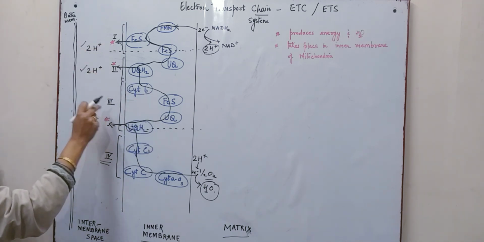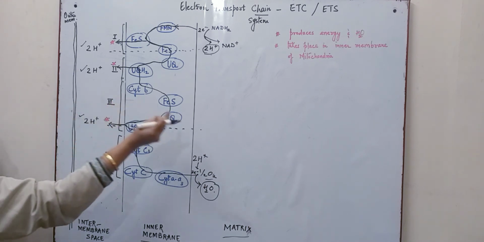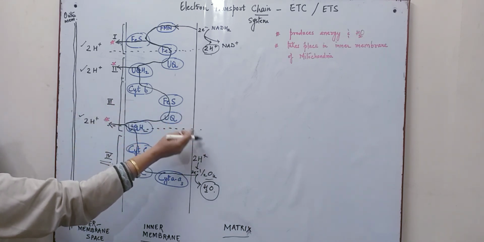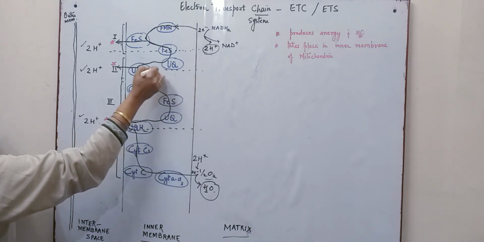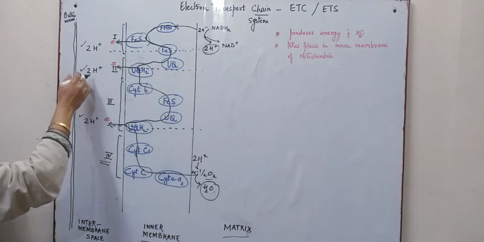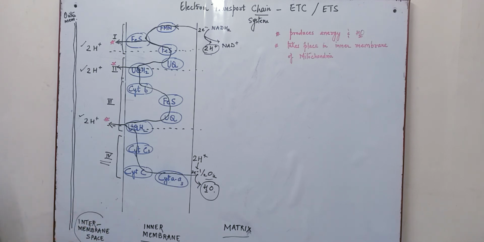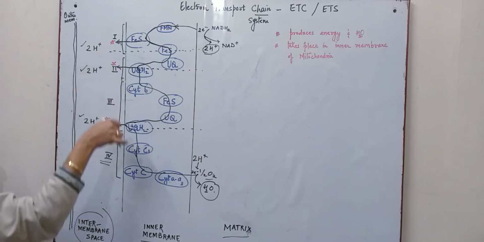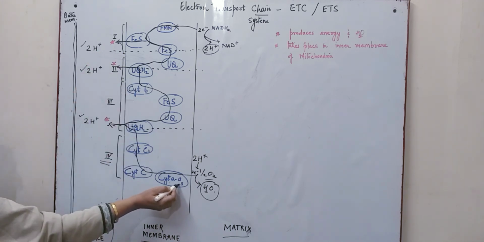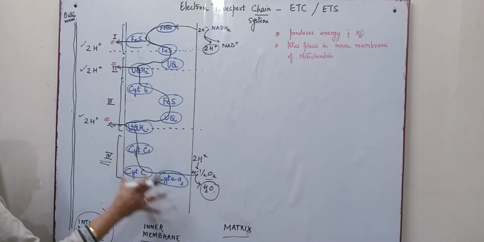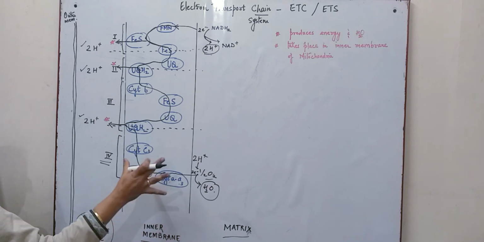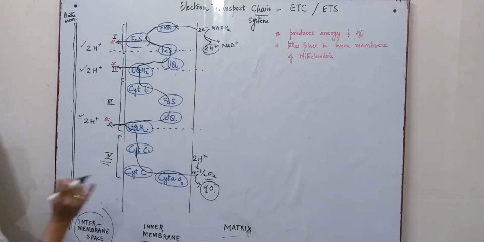Every time it releases energy, there is a transfer of a pair of protons from the matrix to the intermembrane space. The final acceptor is cytochrome A3 within the chain, and the final acceptor after the completion of the chain is oxygen. Now 3 pairs of protons are produced.